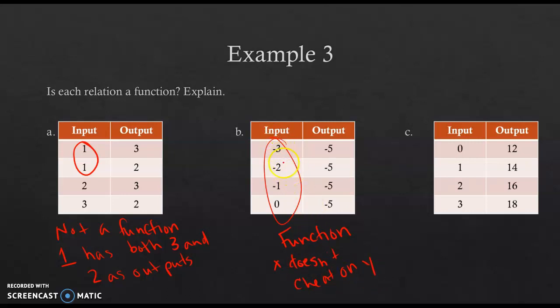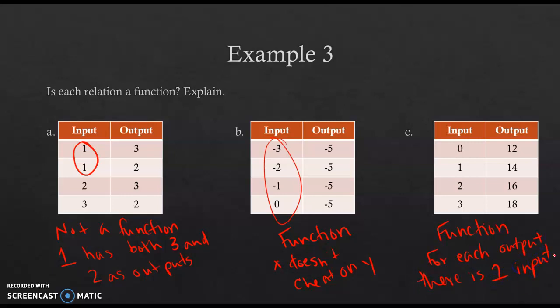But what it comes down to is for each input, there's one output. 0, 1, 2, 3. There is no repeat inputs, so this one is a function. And again, for each output, there is one input.